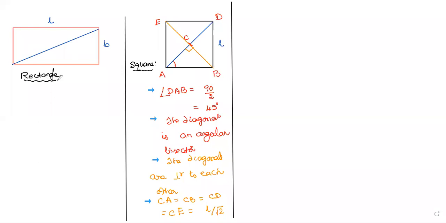But for convenience, I'm writing here, it is rectangle. Here in the rectangle, first point, will you say the diagonal is an angular bisector or not in case of a rectangle?